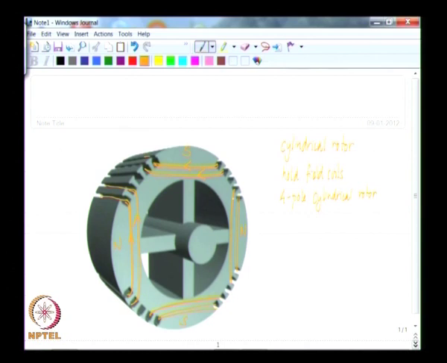That is how the machine would then work. So, you have a 4 pole structure whose surface is more or less cylindrical. The only reason for this being non-cylindrical in a sense is to have these slots which you cannot avoid.